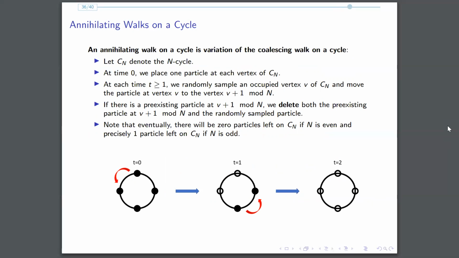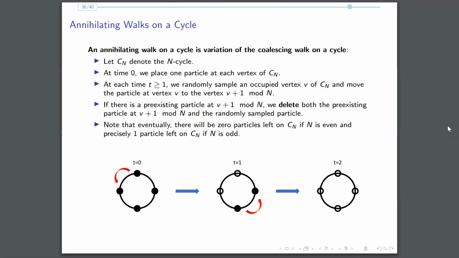We'd like to now discuss a variation of the coalescing walk on a cycle. An annihilating walk on a cycle can be described as follows. Let Cn denote the n cycle as before, and at time 0, we place one particle at each vertex of Cn. Then for each time t greater than or equal to 1, we'll randomly sample an occupied vertex v of Cn and move the particle at vertex v to the vertex v plus 1 mod n.